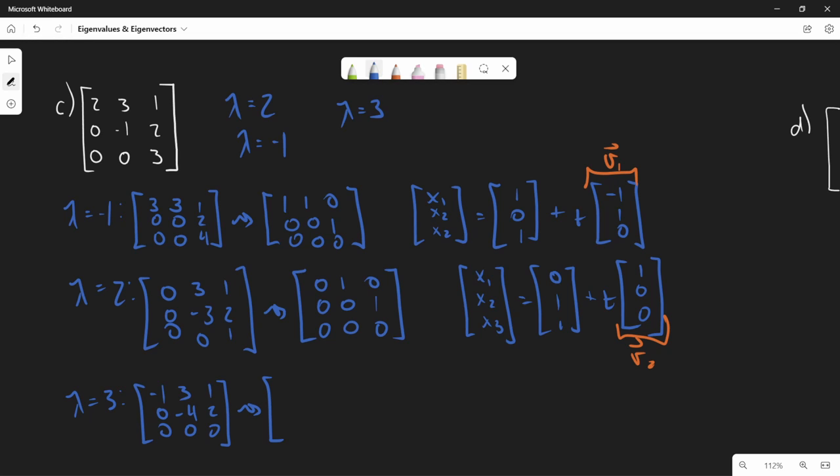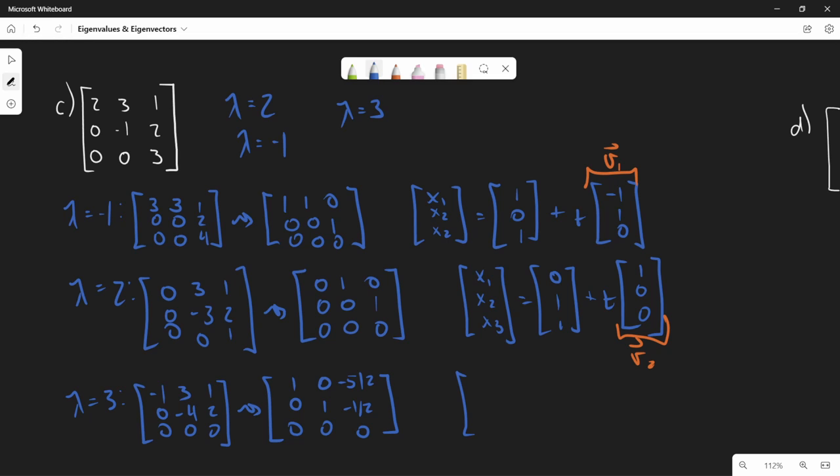You can already see that this has a nullity dimension of 1 because we have 0 at the bottom row. When we put this in row reduced echelon form, we get 1, 0, 0, 0, 1, 0, then 5 halves, negative 5 halves, negative 1 half, then 0.